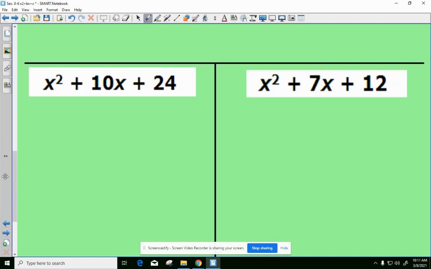Trent, you think of something that multiplies to 24 and adds to 10? Okay. It's all right. Jayla? 6 and 4. Good. That multiplies to 24. 6 plus 4 gets you to 10. So what am I going to write for my factored answer?